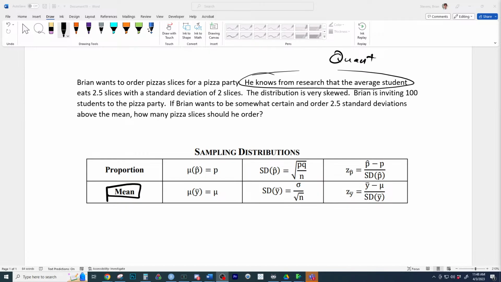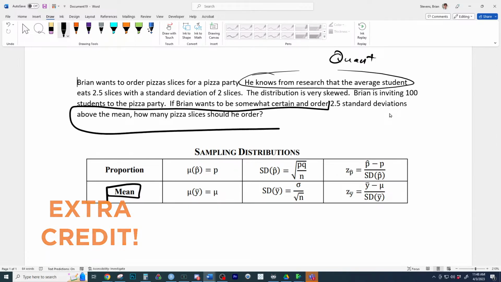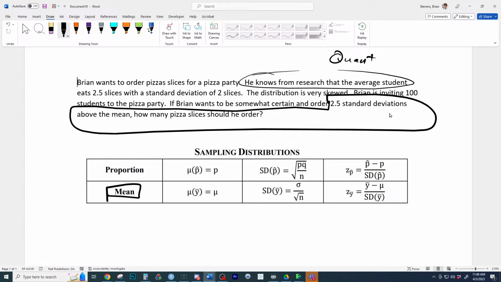And so this right here, 2.5 standard deviations above the mean sounds like a what? This is a tougher question. I kind of gave you harder to identify stuff. That's a Z. Great job, Mackenzie, right there. That's a z-score. When you say 2.5 standard deviations above the mean, that's a z-score.